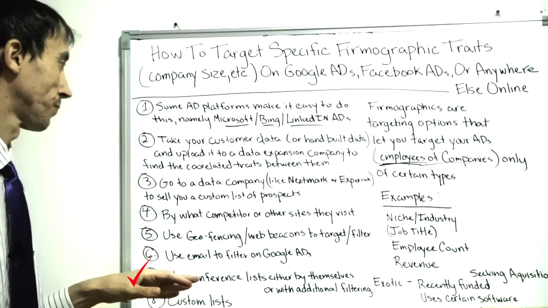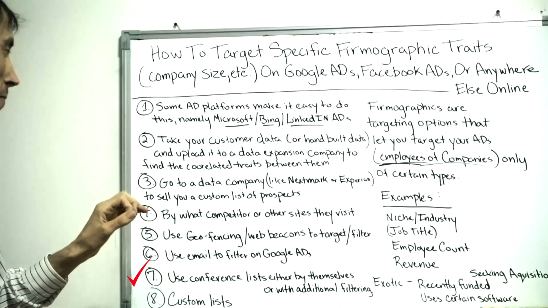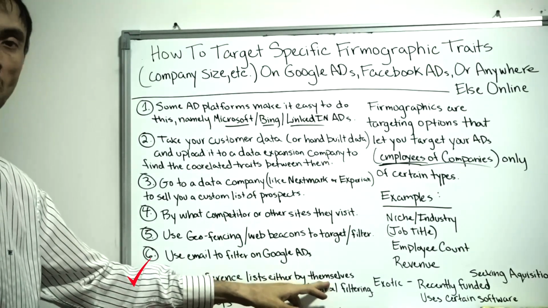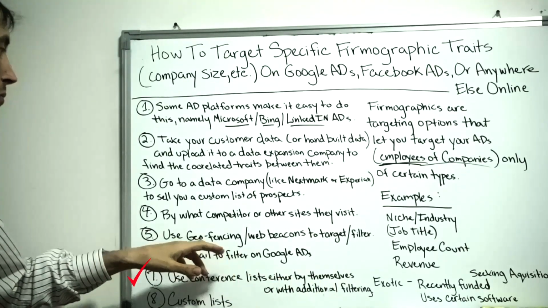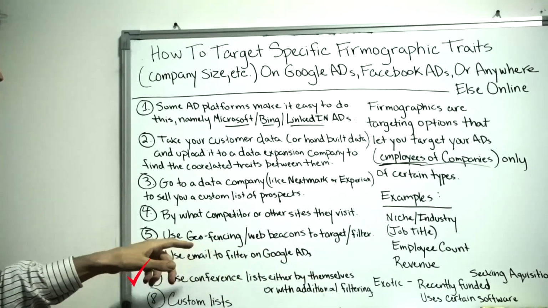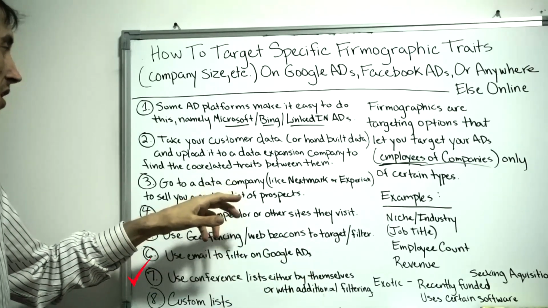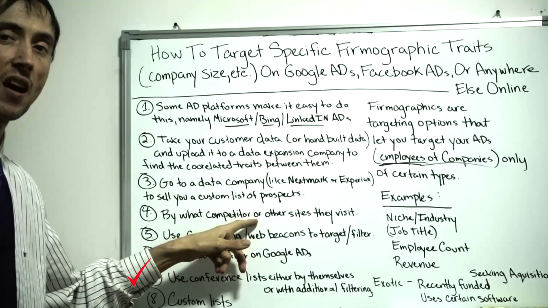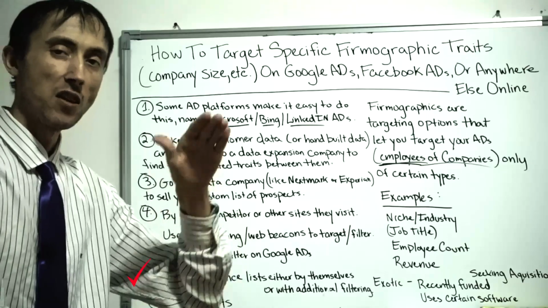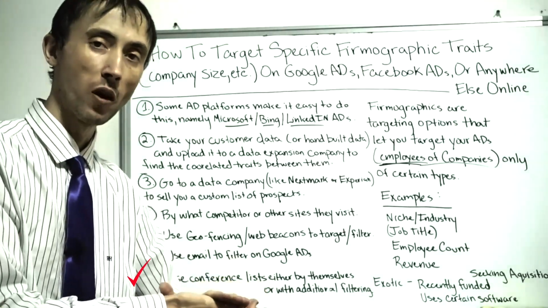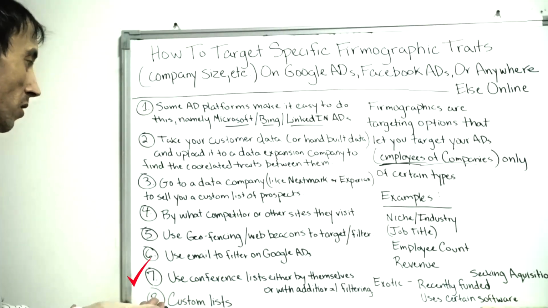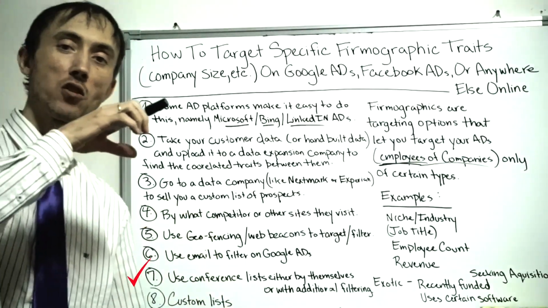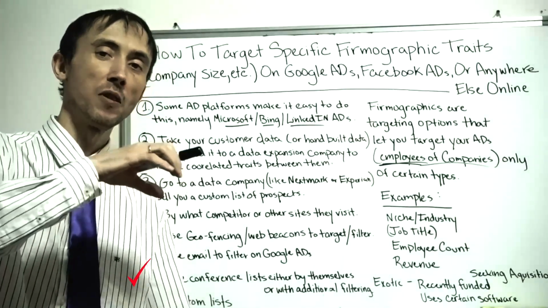So for instance, you ultimately may not use the conference list by itself, but if you use the conference list with somebody that has gone to XYZ website as well, and you combine the two, now your list is narrow enough to where it can work effectively. Each one by itself wasn't effective enough.